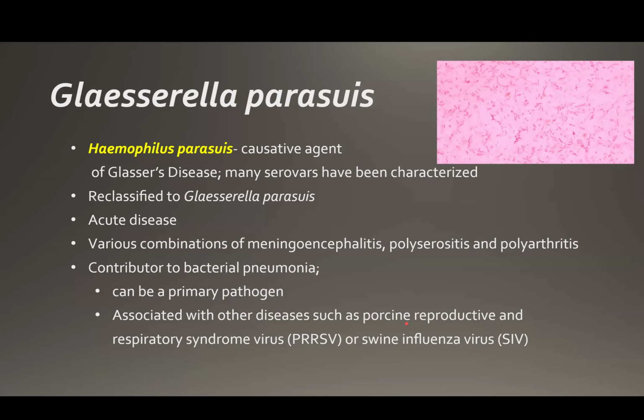The viral diseases that are often seen in PRDC are PRRS or SIV, and there is another viral disease, which is porcine circovirus or PCV2.